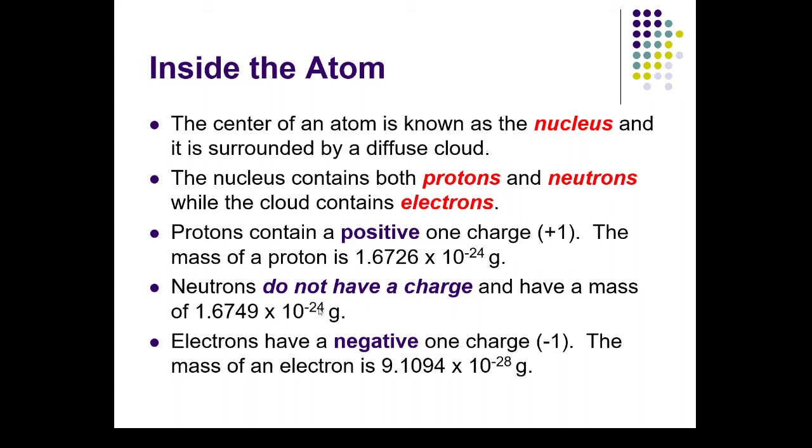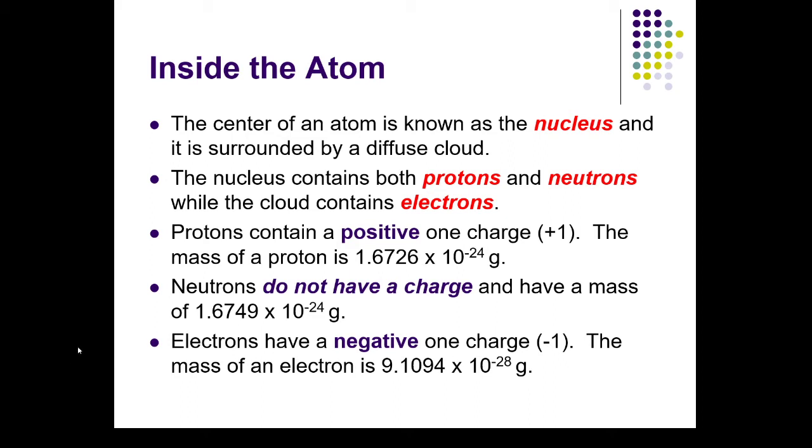Neutrons don't have a charge, but their mass is roughly the same, times 10 to the negative 24th. Electrons' masses are 10 to the minus 4th smaller, so 0.0001 smaller than a proton and a neutron.